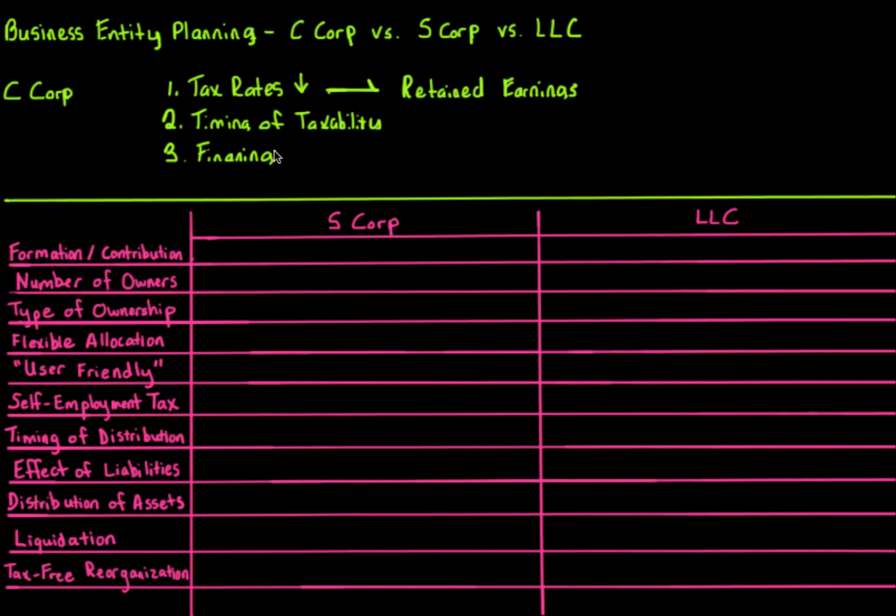A lot of state pension funds might be invested in a venture capital fund or whatnot, and they prefer to do business through a C corporation because, for tax-exempt organizations or tax-exempt type ownership, when you look at the taxability, being an owner in a C corporation has better advantages than S corp and LLC because of the unrelated business income rules.